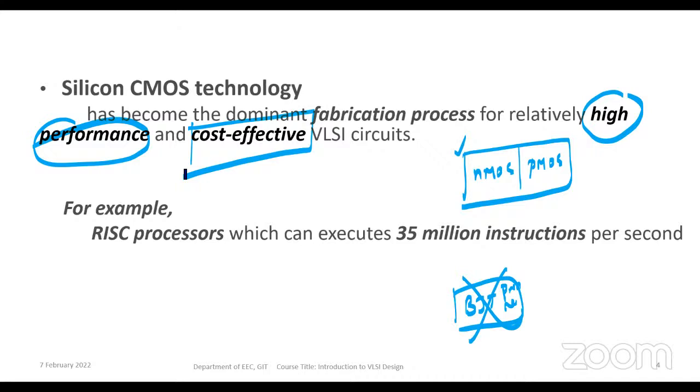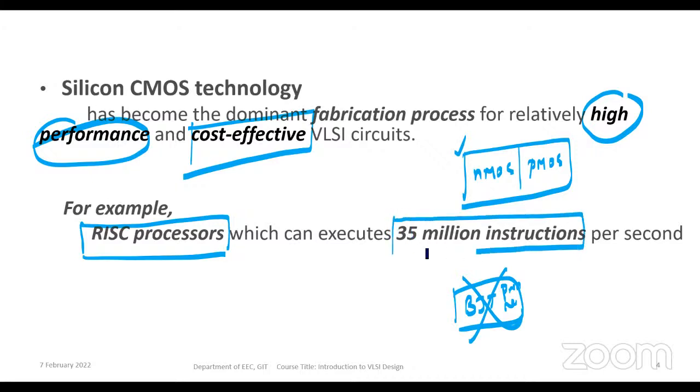technologies that are available. Okay, so for example, if you consider a RISC processor, it has to execute 35 million instructions per second. So this is a very high throughput rate actually. Per second, how many instructions need to be executed? Normally we want to make ICs for the processors, designing of the processors, right?